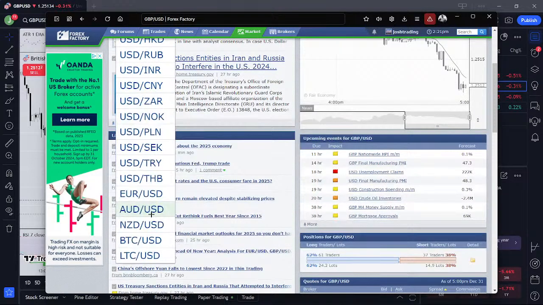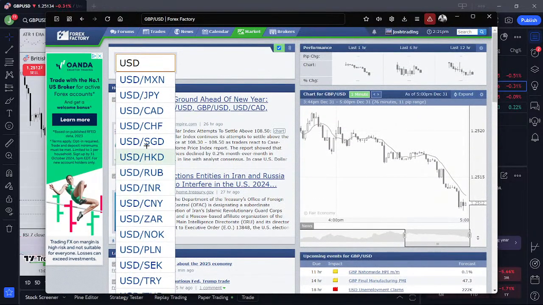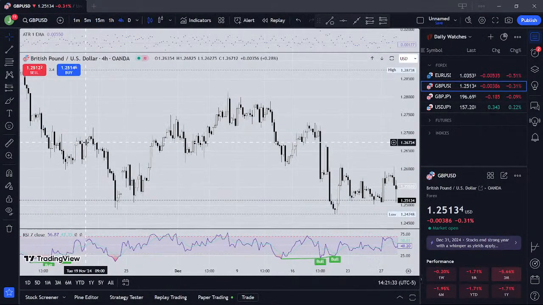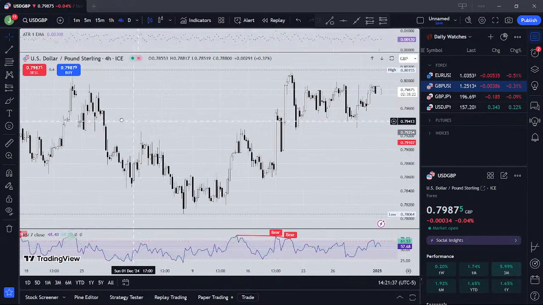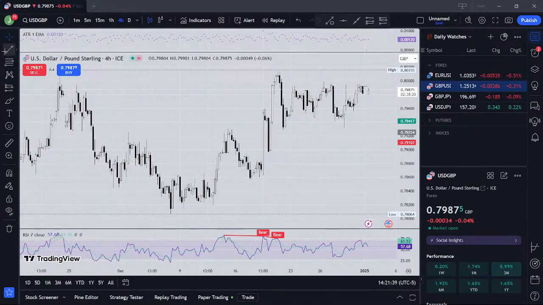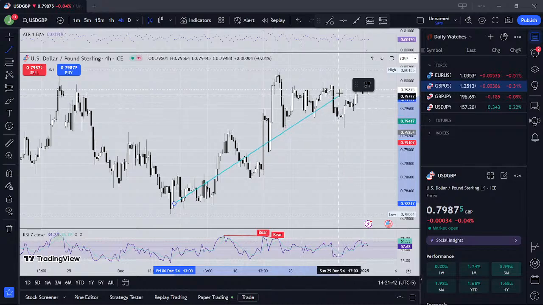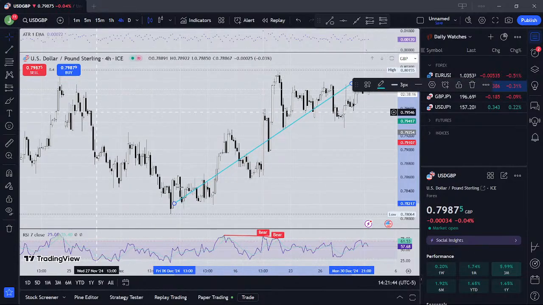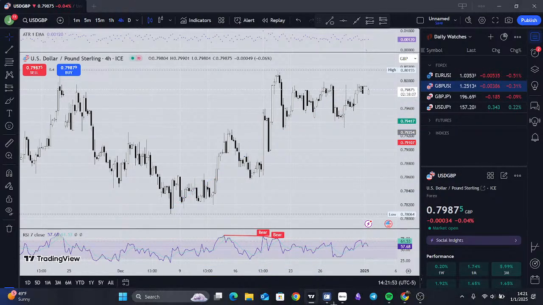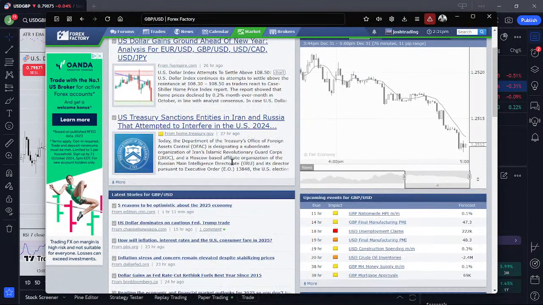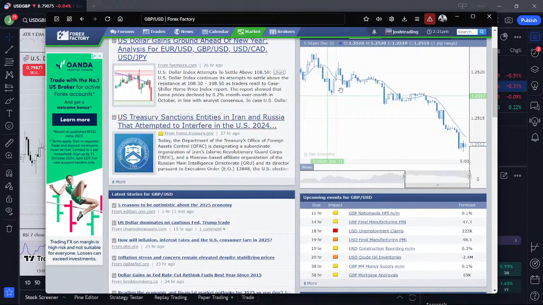Yeah, so the USD pound is in the bullish movement, while the pound USD is in the bearish movement. But that doesn't really matter for now. I'm just analyzing, just checking right now to see how the market is gonna move.